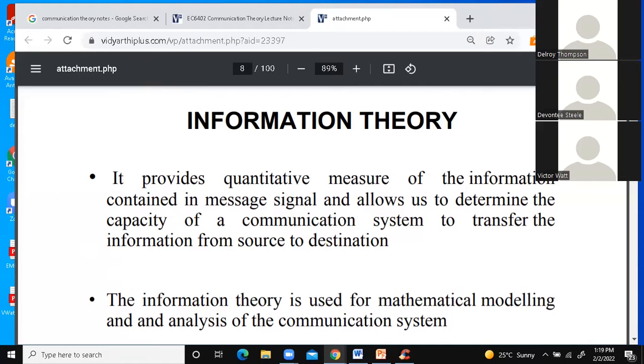Information theory. Information theory provides a quantitative measure of the information contained in the message signal and allows us to determine the capacity of a communication system to transfer the information from one source to destination.